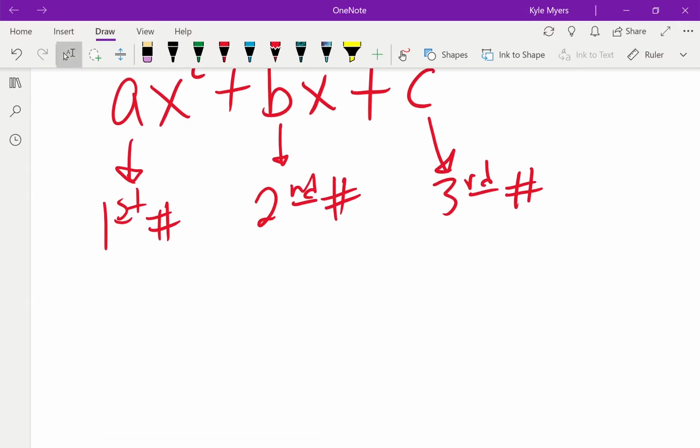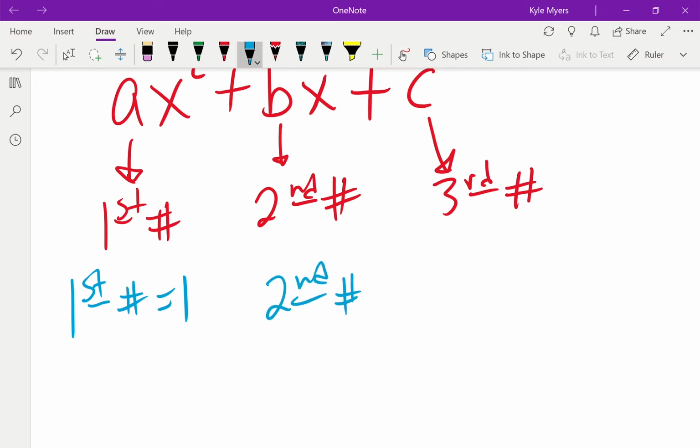What I'm going to do here is the first number is always going to be equal to 1 for all of these problems, meaning it's just going to say x squared plus or minus blah, blah, blah. Then the second number is going to be any middle number between -10 and 10, all integers, or positive and negative whole numbers, so -10, -9, -8, all the way to positive 10.